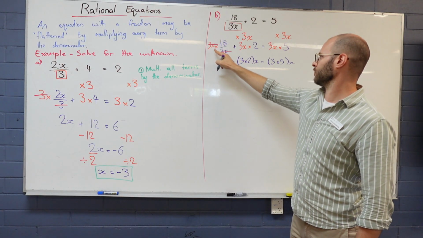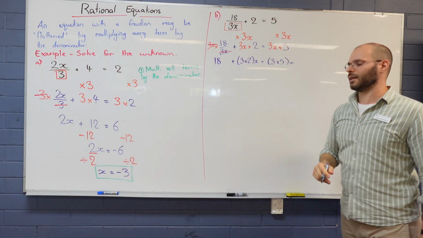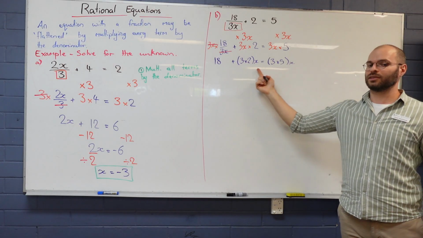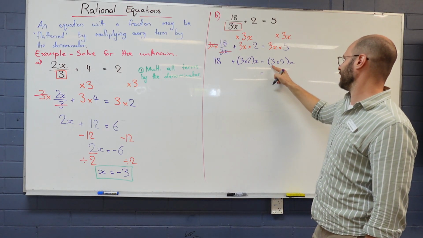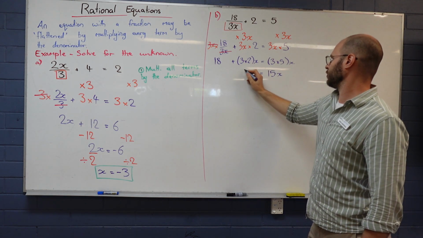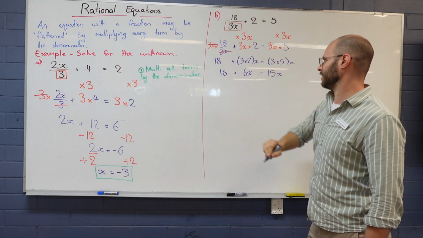And then because we've cancelled our 3x's out, we just have 18 at the front. So all of a sudden we've gone from a fractional equation to a single line equation. Moving along, take out the multiplication. 3 5s are 15. 3 by 2 is 6. And then we have 18 that's unchanged.